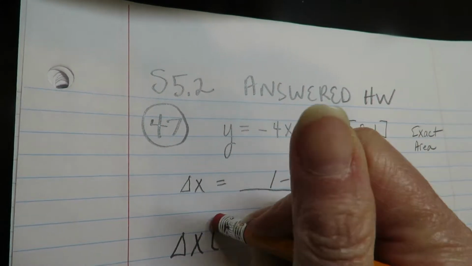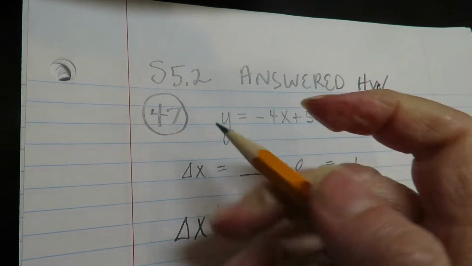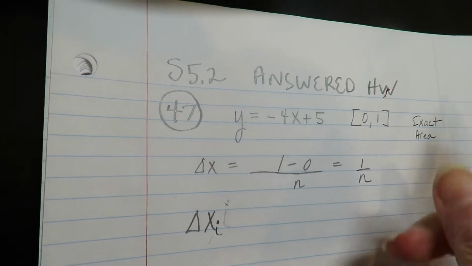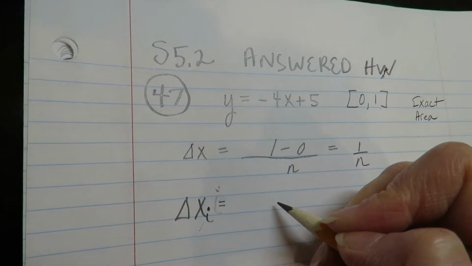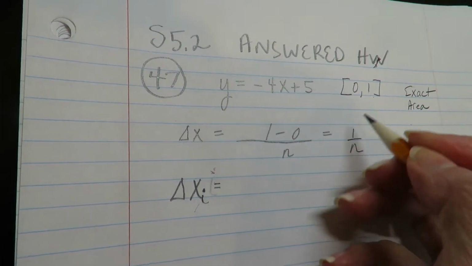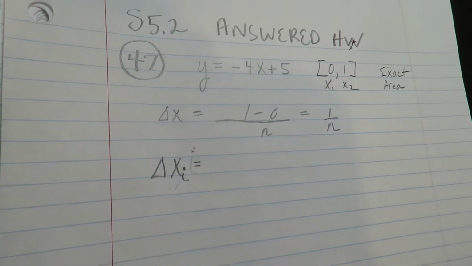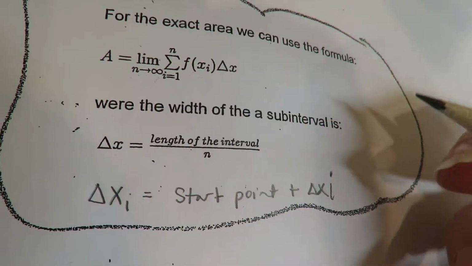Okay, then the next thing you calculate is delta x sub i, a little i. That is defined as your start point, x sub 1 I should say, plus delta x i.